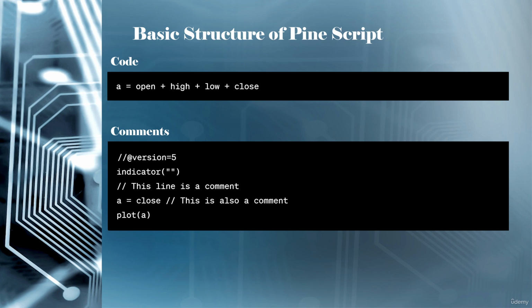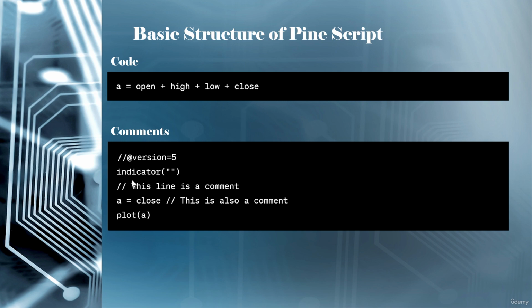Now let's review the comments element of Pine Script. Comments provide insights and explanations within the code. They start with the double forward slashes and can be placed anywhere on a line or follow the code. In this code example, we can see that this comment line is placed starting from the beginning of the line.